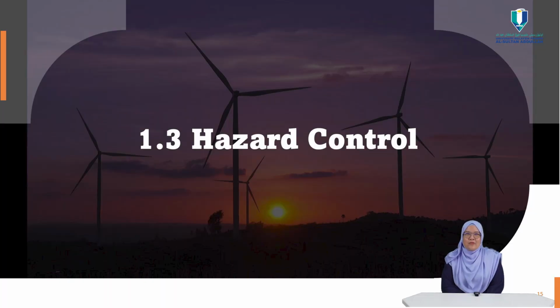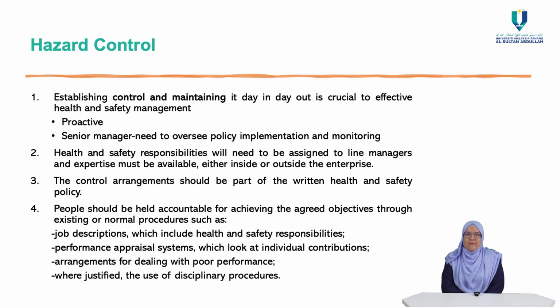Okay, the last subtopic is hazard control. After we know and have awareness about the existence of various types of hazards at the workplace, we should know and learn how we can plan to control them. Establishing control and maintaining it day in, day out is crucial to effective health and safety management.